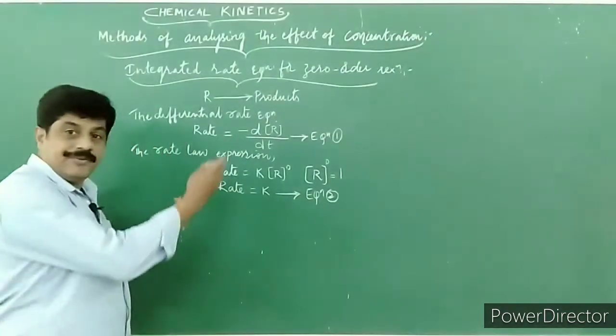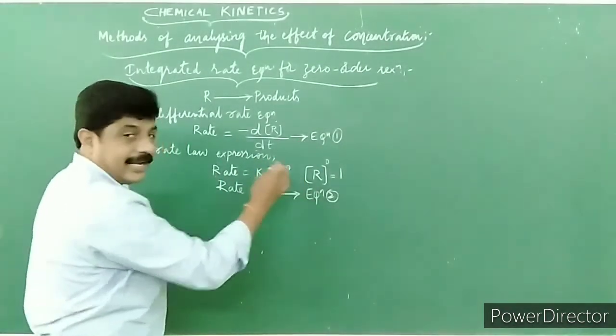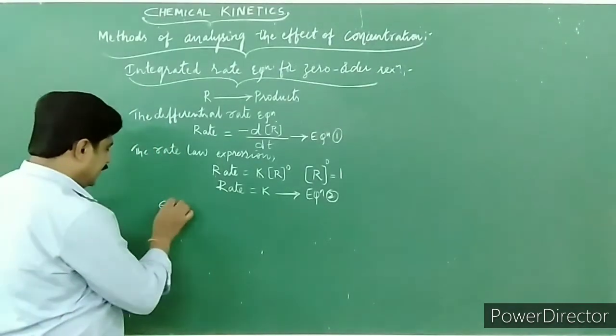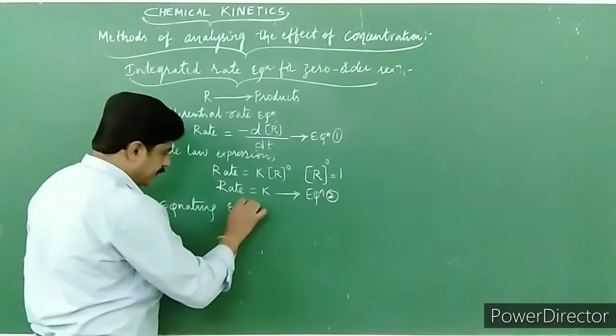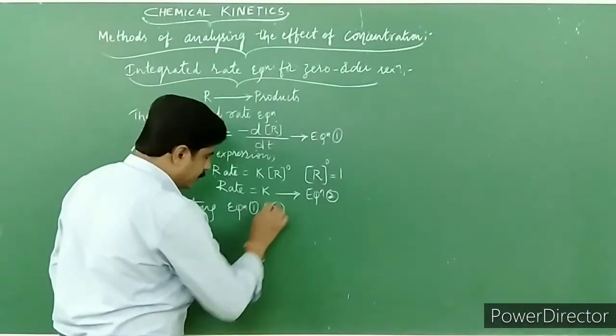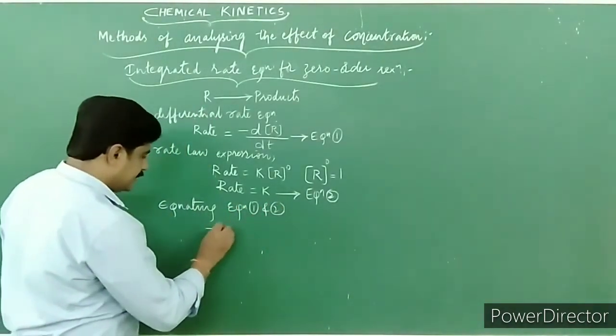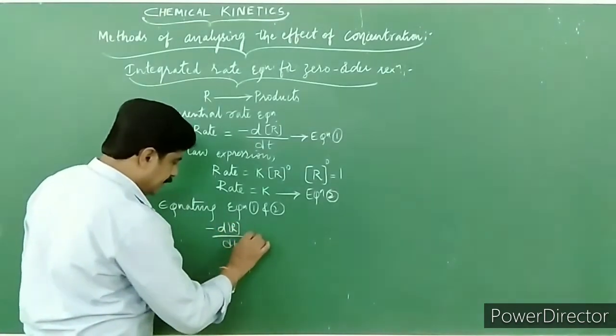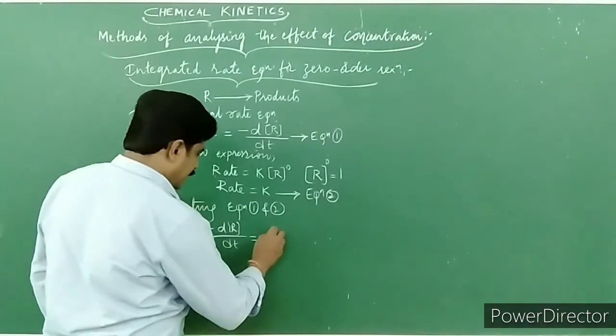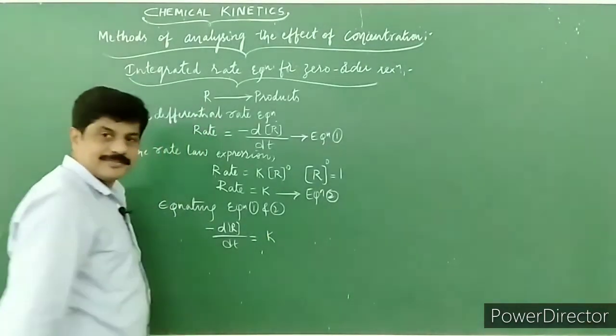Children, let me equate equation number 1 and 2. Now look at here, equating equation 1 and 2, minus d[R] upon dt is equal to k. Is it not?